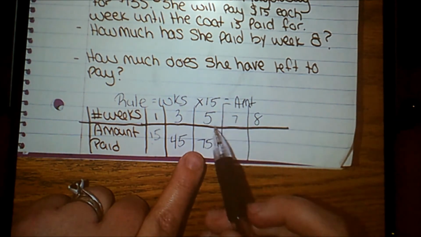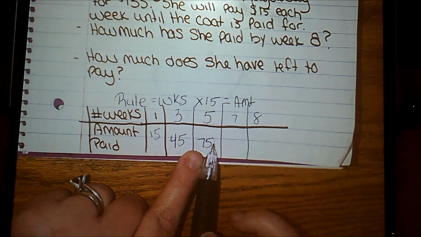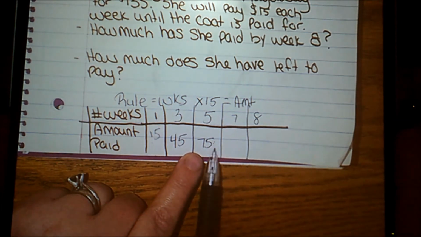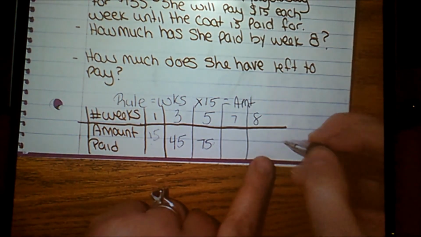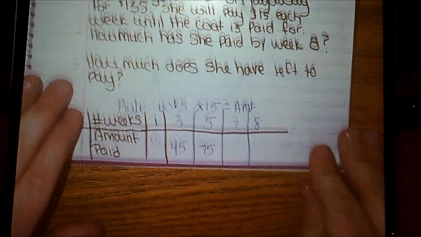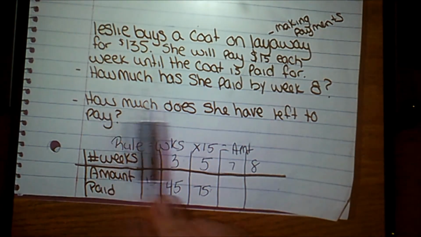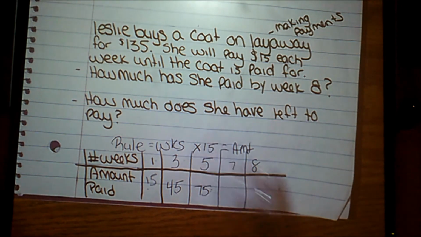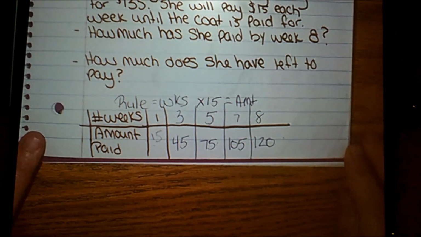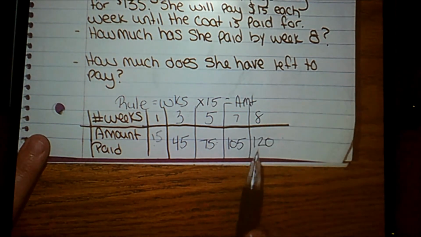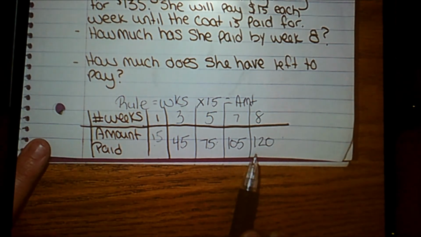So week 5, she has paid $75 of that coat. Go ahead and fill in the rest of this chart in order to answer our first question on how much she has paid by week 8. According to my calculations, Leslie by week 8 has paid $120.